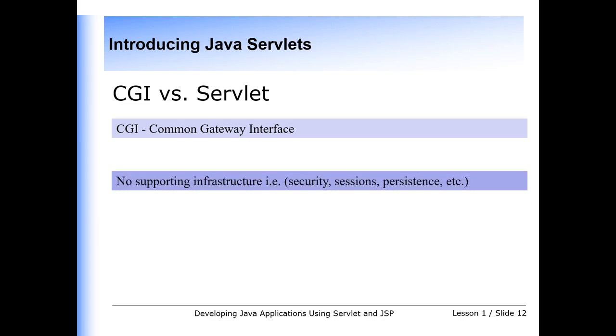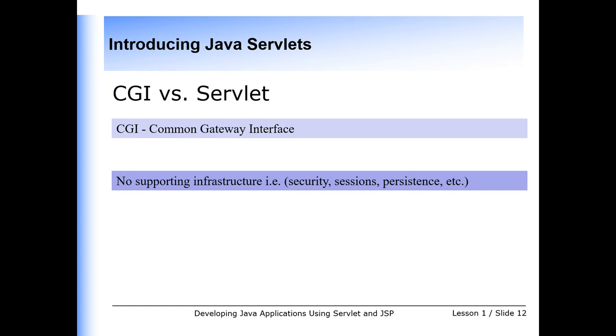So what is CGI? CGI does not support infrastructure. Infrastructure means CGI script does not provide the security of the data. CGI script does not manage the session, and CGI scripts do not provide instance persistence. So no supporting infrastructure.